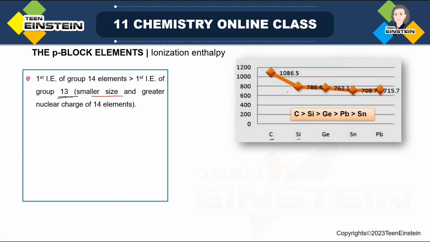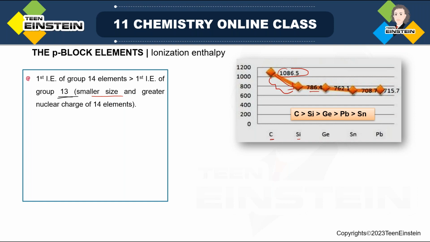From carbon to silicon, from 1086, it will gradually decrease, and see the first jump is very high, the difference is very high, but after that it is decreasing, though not so considerably.